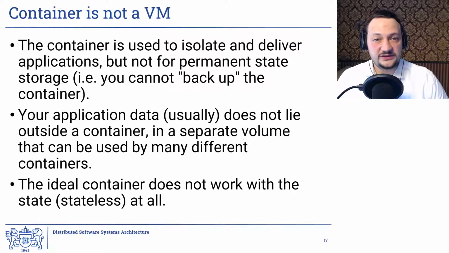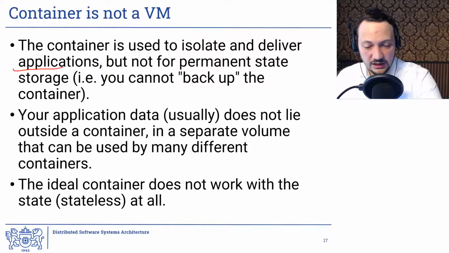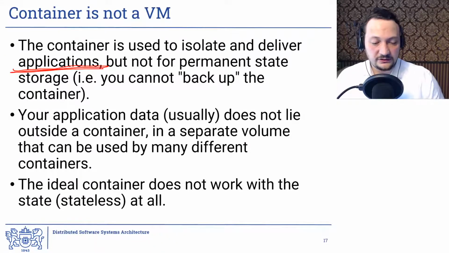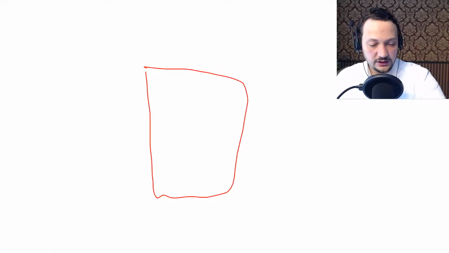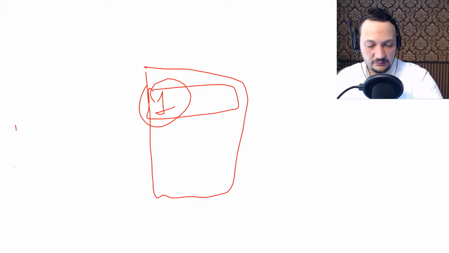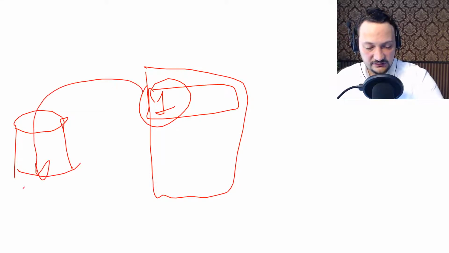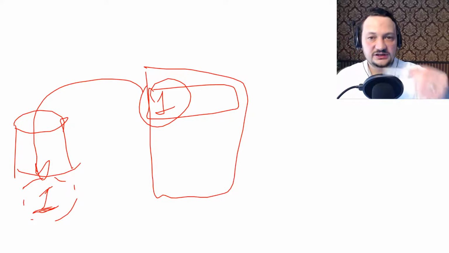But the container is not a virtual machine. A container is used to isolate and deliver applications, but not for permanent state storage. So if you remember, I showed that if you have some server and you have some virtual machine here, we can back it up together with all its state, together with all its applications inside and the state of these applications.